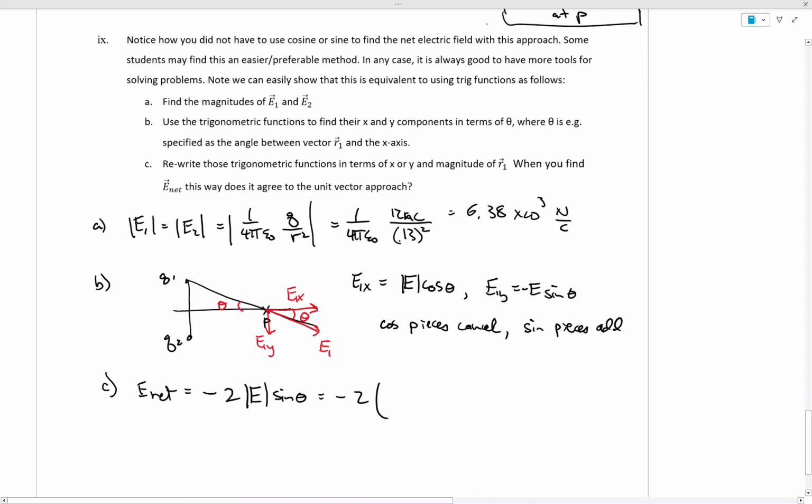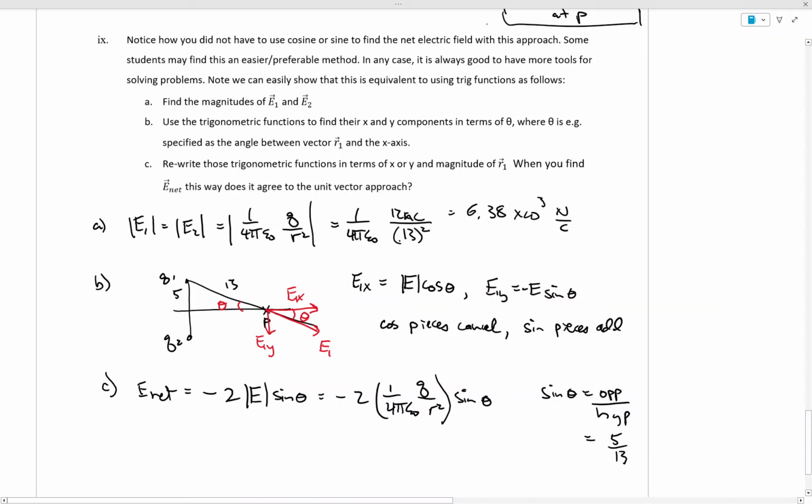We can put in our expression for the magnitude, times sine theta. What is sine theta? Well, sine theta is the opposite over the hypotenuse, right, according to our definition. What is that? Well, the opposite was the y component, the 5. The hypotenuse is the 13, so this would be 5 over 13.